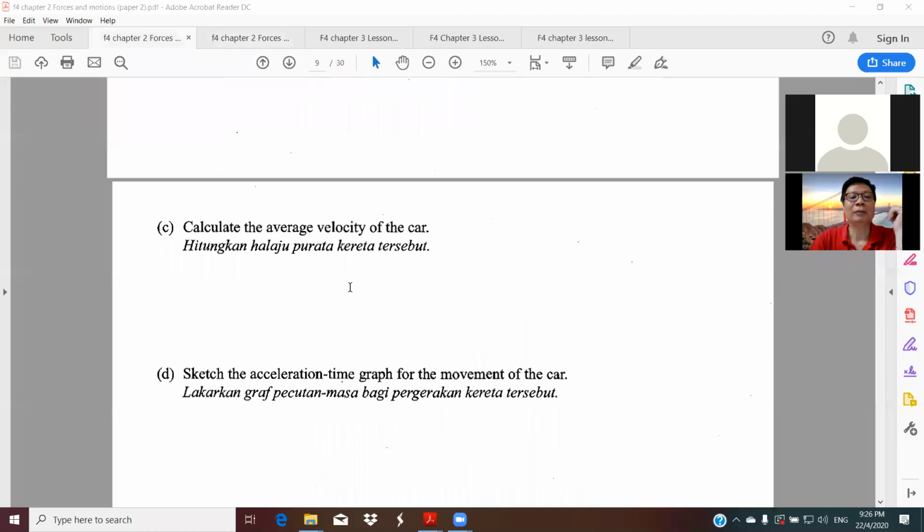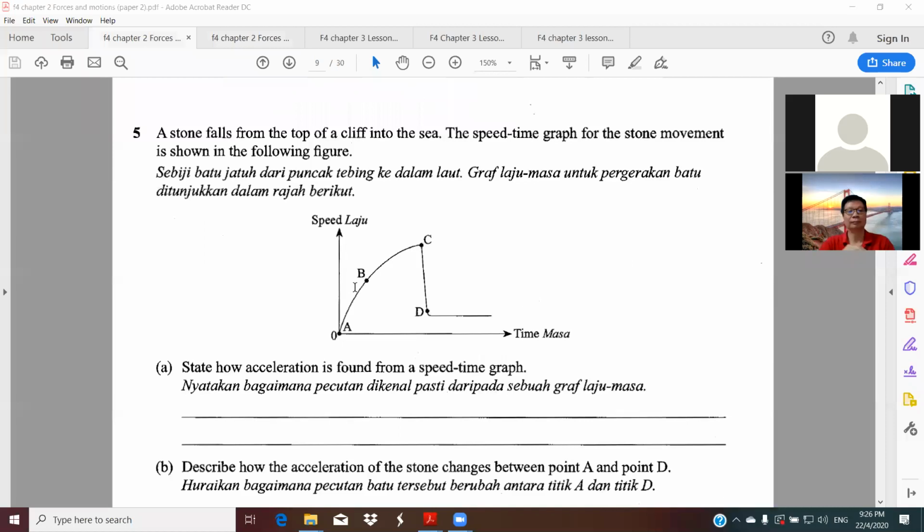Okay, question number 5. Now look at this question. Read first, you all. A stone falls from the top of the cliff into the sea.